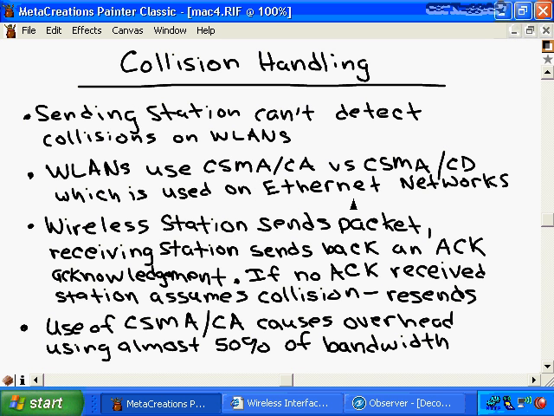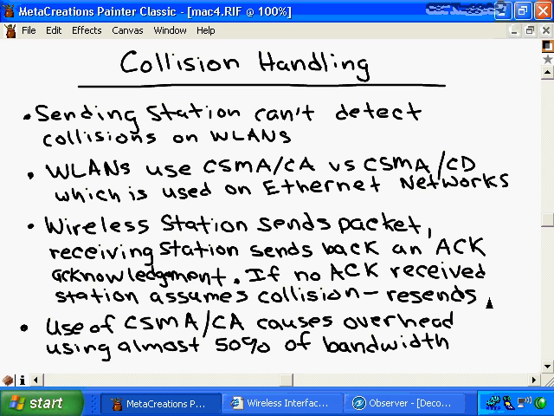If the sending station doesn't receive back an ACK for the frame that it had sent, then the sending station assumes that there was a collision and resends the data. So the acknowledgement packets are a method to determine if a collision has actually occurred or not.